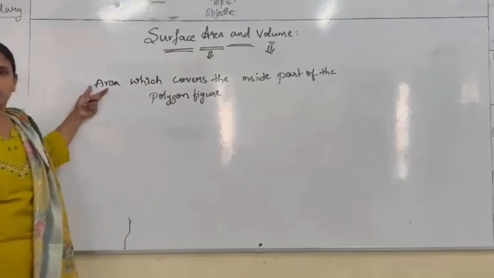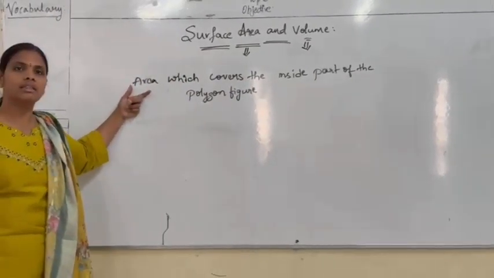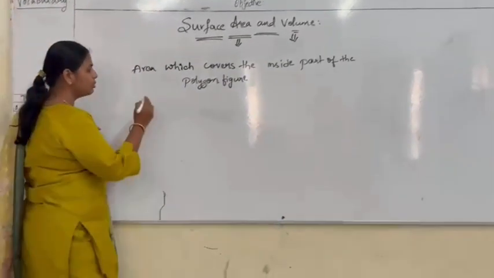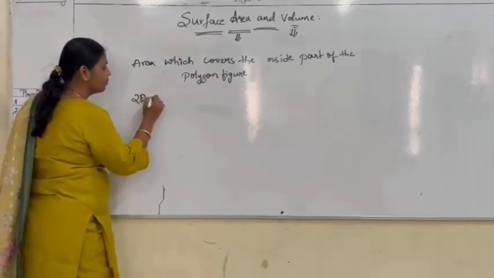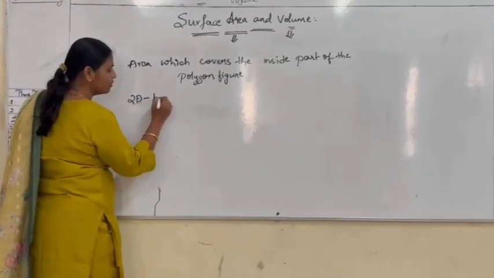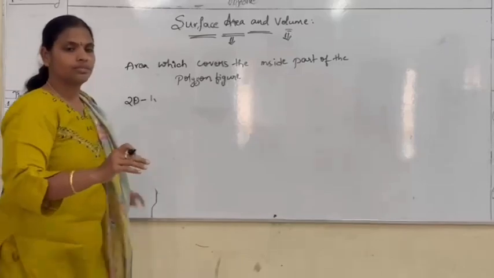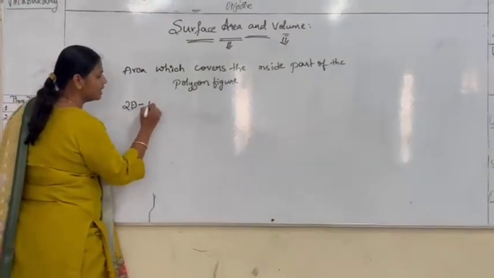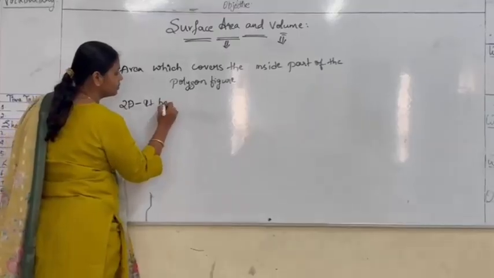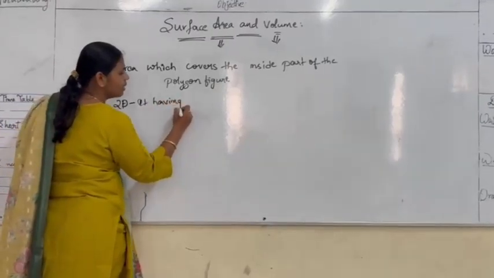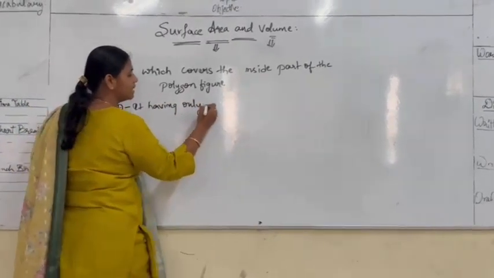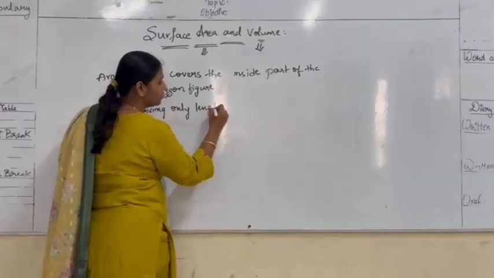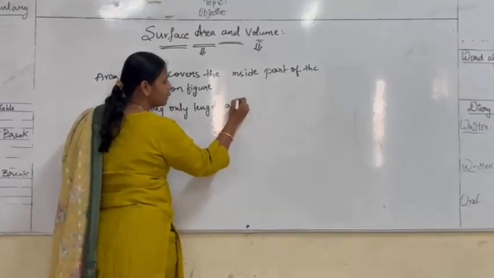Area comes in both two-dimensional figures and three-dimensional figures. A two-dimensional figure has only length and breadth.